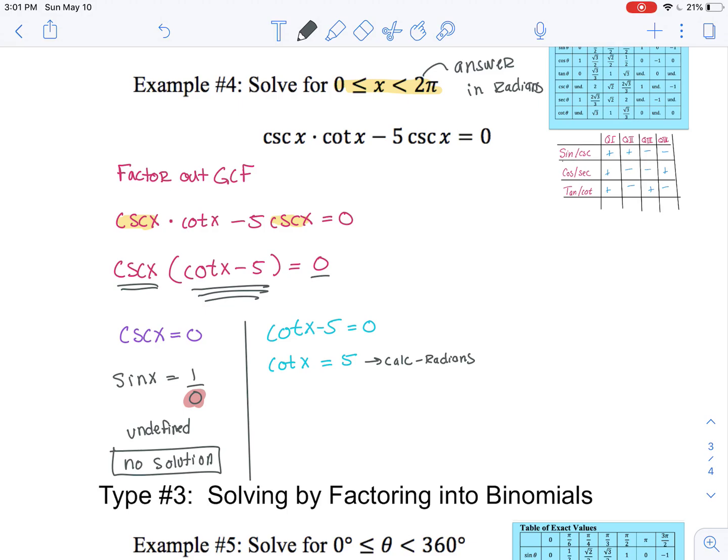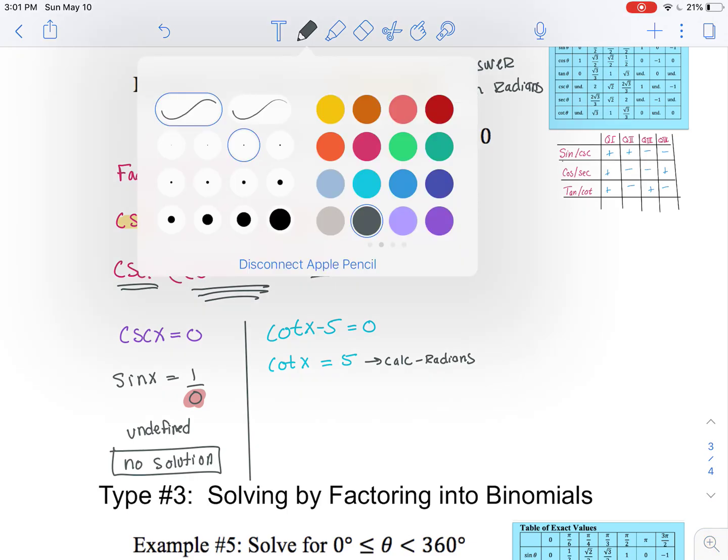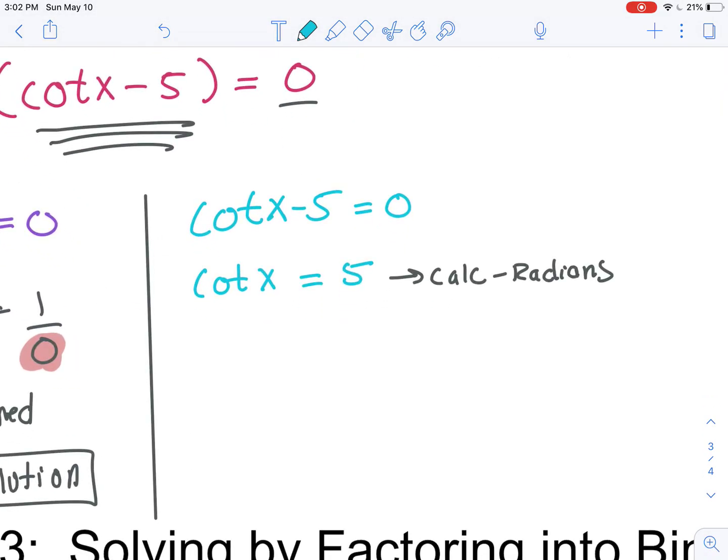If we're using our calculator, we don't have a cotangent button, so we have to think about this in terms of tangent. So I'm going to think about this as tangent of x is equal to 1 over 5. And to find my reference angle, I'm going to use tangent inverse 1 over 5 is equal to x.